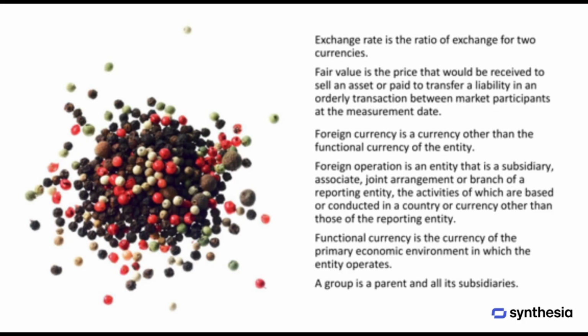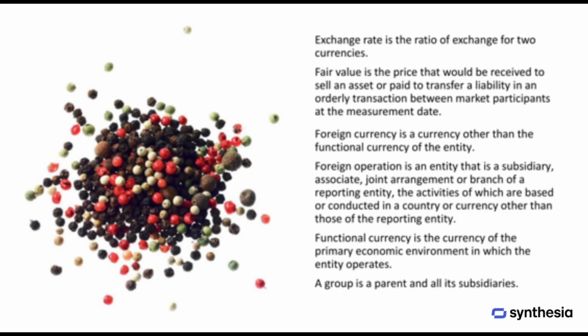Let's go over a few more important terms used in this standard. The exchange rate simply refers to how much of one currency you get in exchange for another. Fair value is the amount someone would reasonably expect to receive for selling an asset or to pay for transferring a liability, assuming the deal takes place in an orderly market between willing participants at a specific point in time. A foreign currency is any currency that is different from the one the company normally uses in its operations.